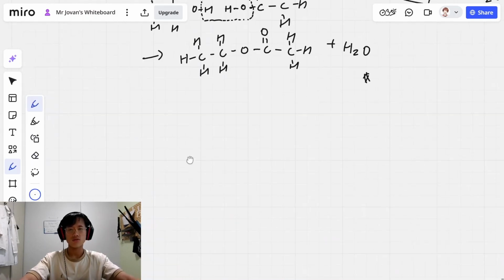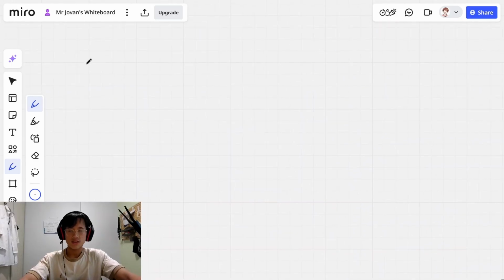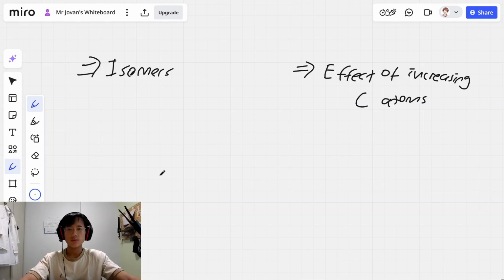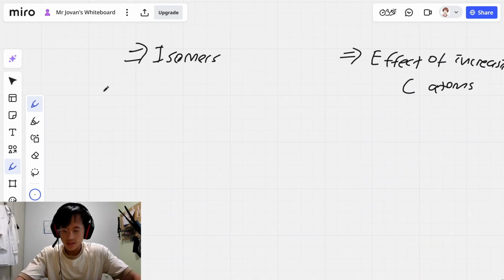Now let's go through what is common among all these homologous series. We're going to go through isomers, and also the effect of increasing carbon atoms. Let's start with isomers. So, what is isomers?